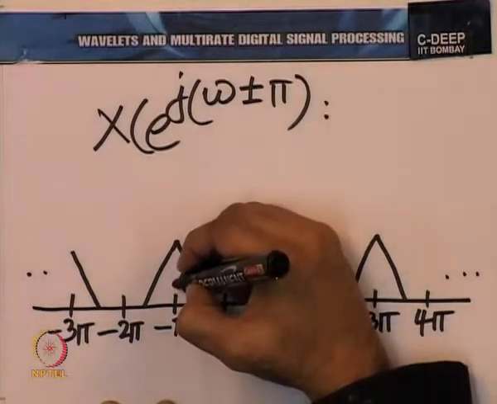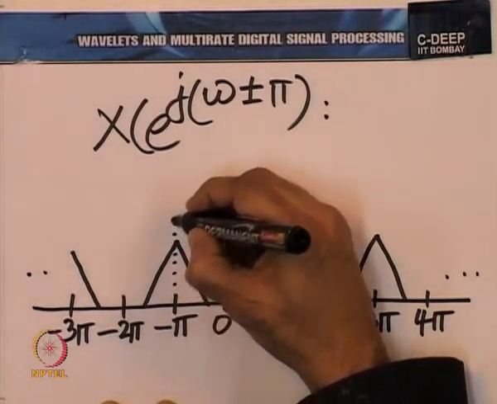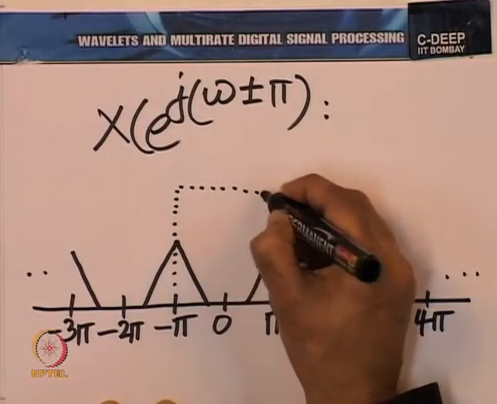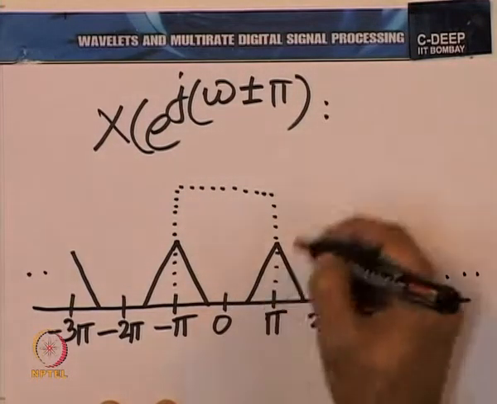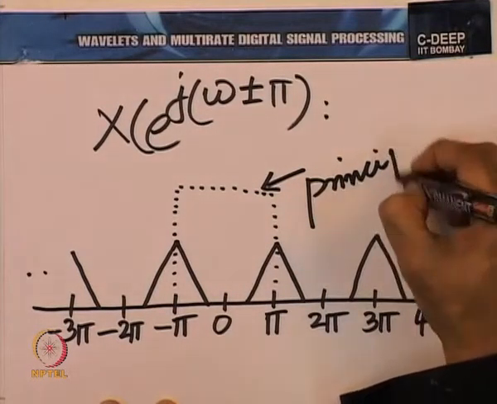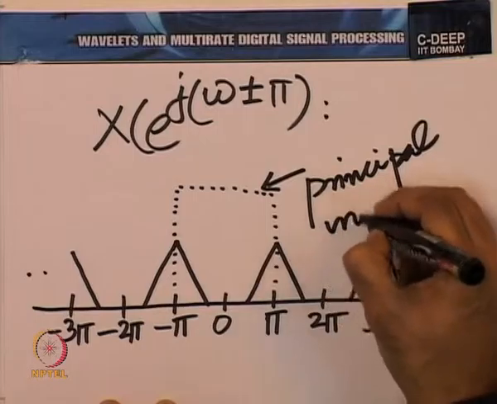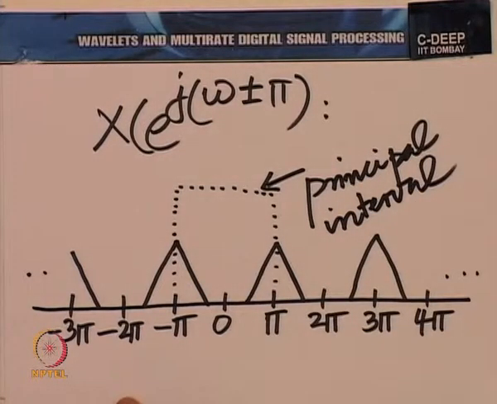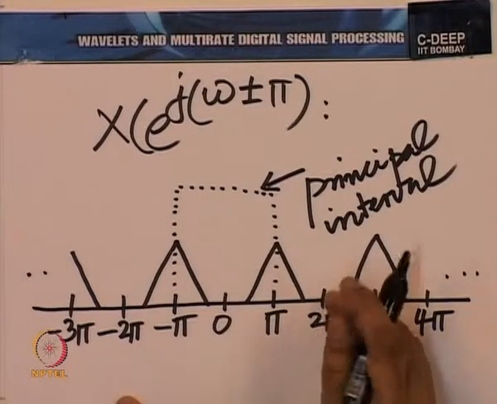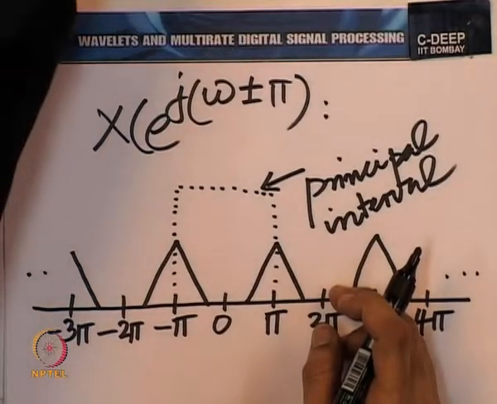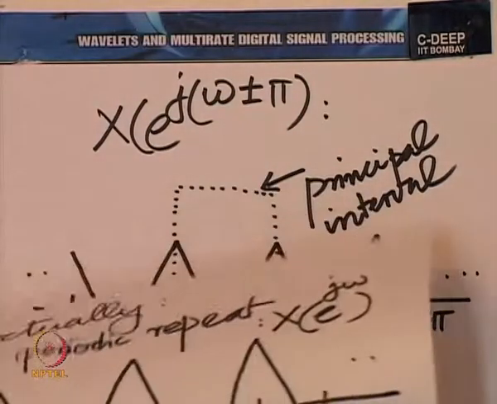So, now again if you take the principal interval, which is here, this is what we get. Now, we must be a little more explicit in our relationships here.